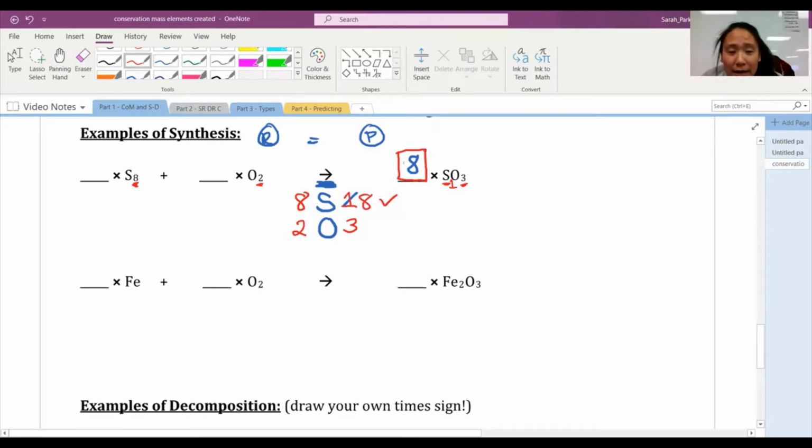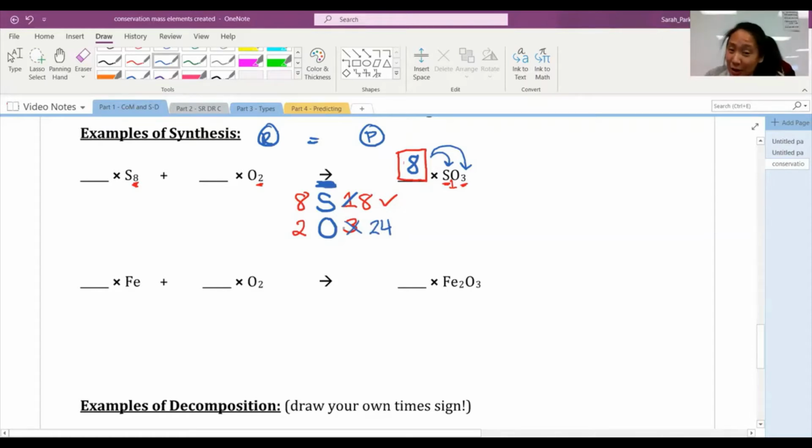But check out what you just did. When you wrote an 8 here, okay, you changed this sulfur, but you have to always check what other elements you are changing. So 8 times 3 here, right, 8 times 3 is 24. So you don't have 3 oxygens anymore. You now have 24 oxygens, right?